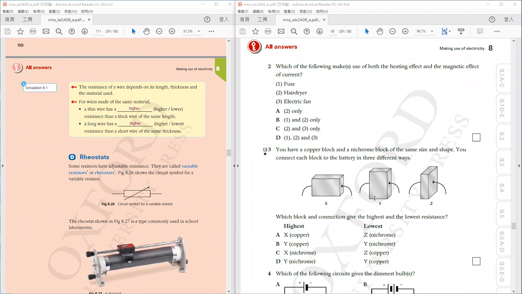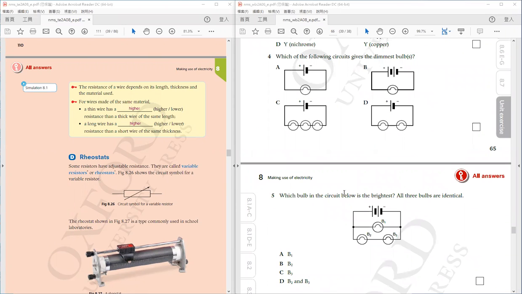Okay, so next one, question 4. Question 4 and this one. How do we get the dimmest light bulb? Voltage.